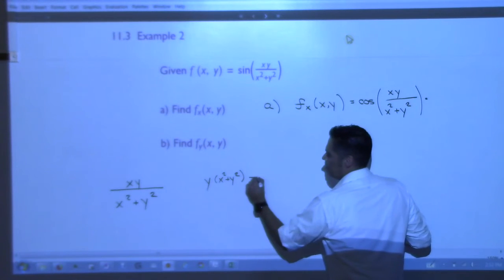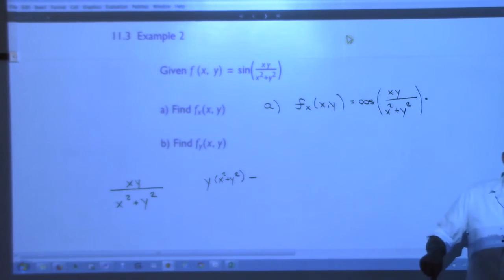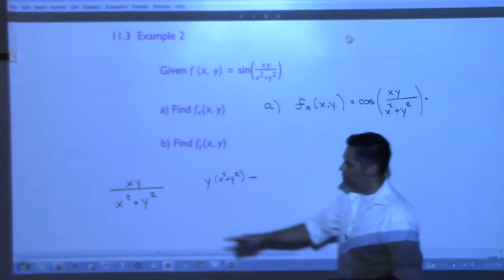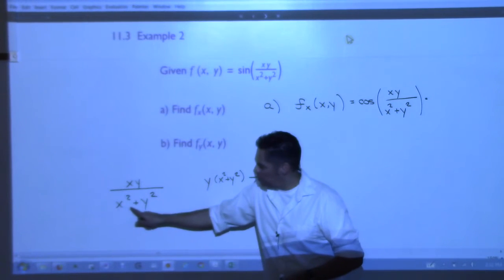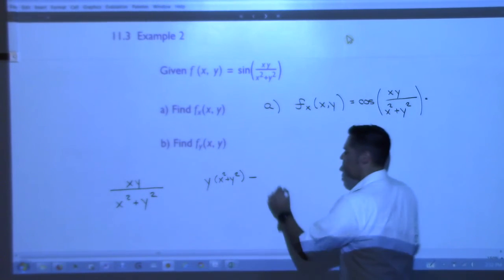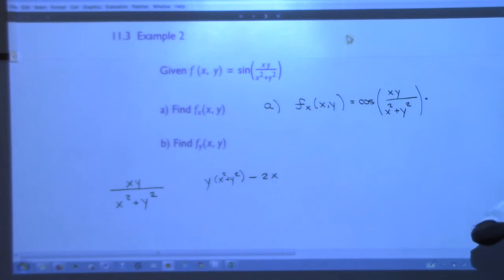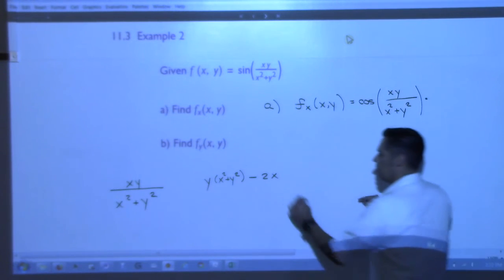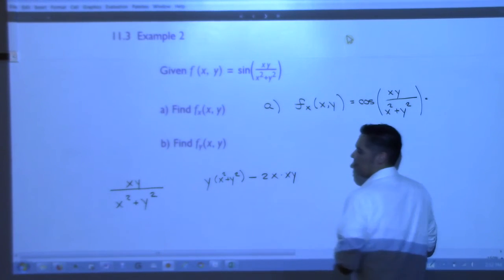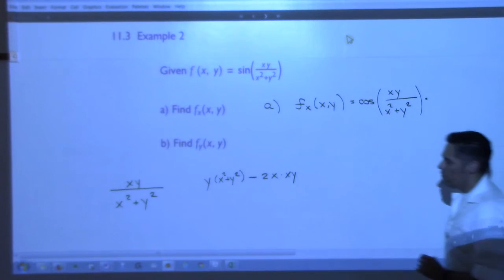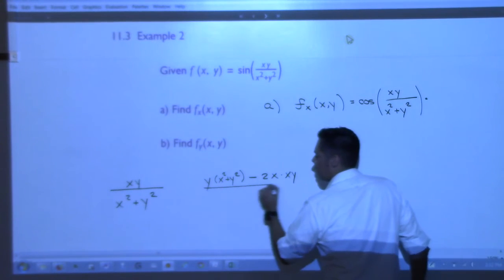Minus, now the derivative of the bottom with respect to x holding y as a constant. 2x plus 0. So just 2x. So that is the derivative of the top times the bottom minus the derivative of the bottom times the top. Oh, I forgot the top, didn't I? xy. And then all of that over bottom squared.